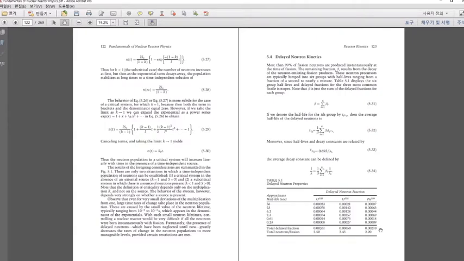So, as you may realize, uranium-235 is the fissile material that most facilitates the control of reactor power.